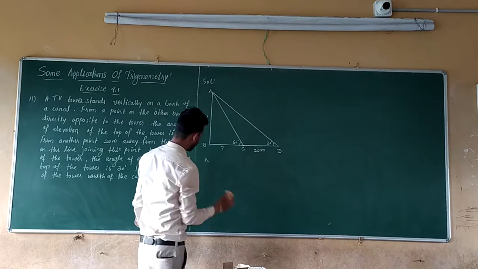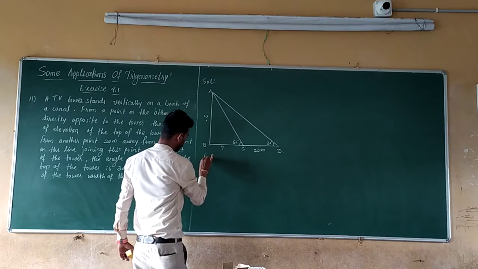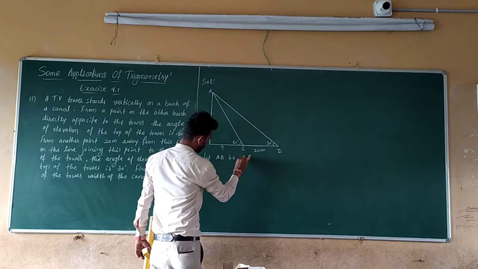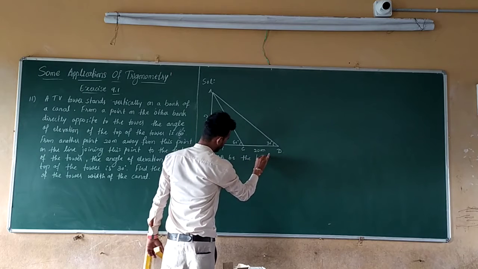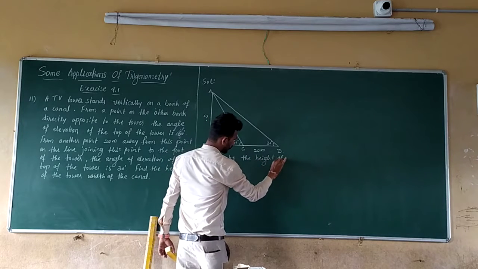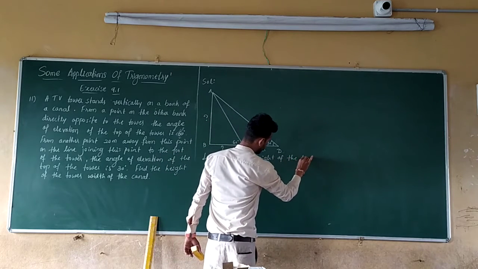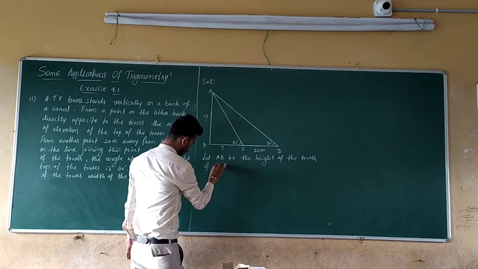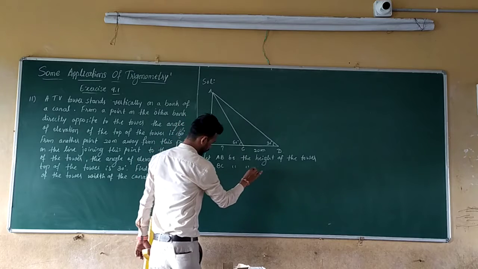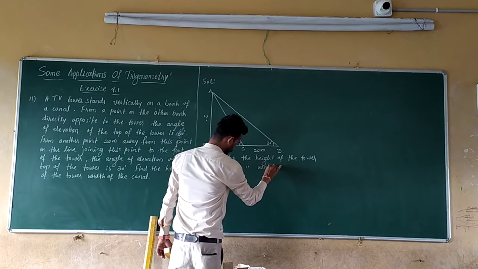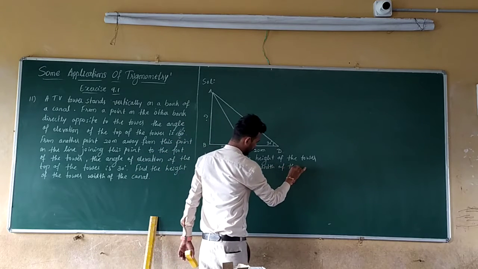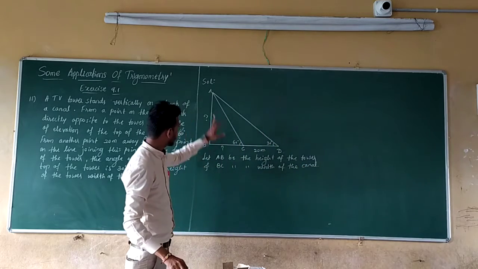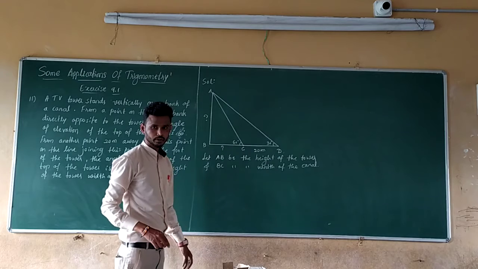Let AB be the height of the tower and BC be the width of the canal.